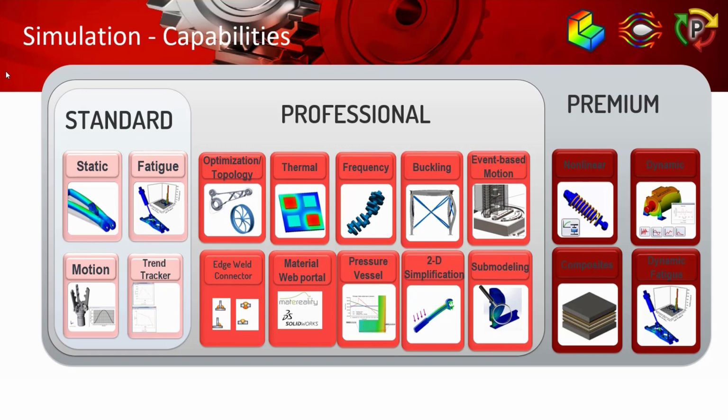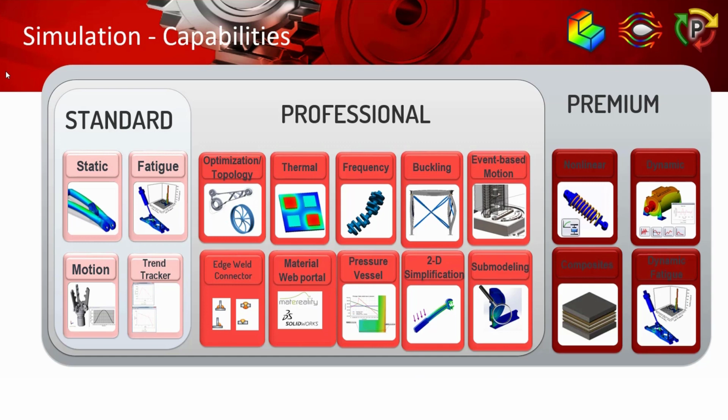Simulation, just like SOLIDWORKS, comes in 3 different flavors. Simulation Standard gives you static, fatigue, motion, and Trend Tracker capabilities. Then we move on to Simulation Professional, where some of the heavy hitters are optimization and thermal, which we'll look at today, but you also get frequency, simplification, which we're going to be using, and a lot of connectors, buckling, and some other items as well.